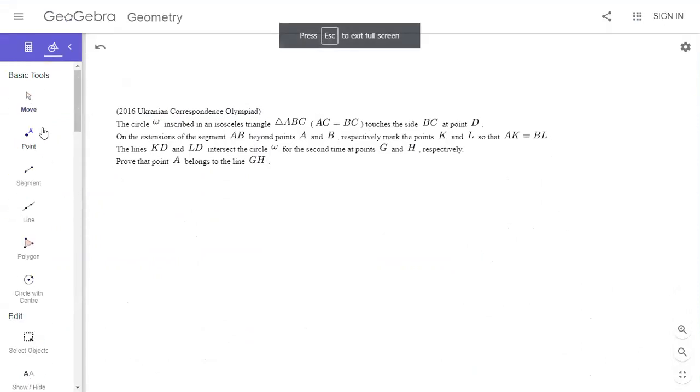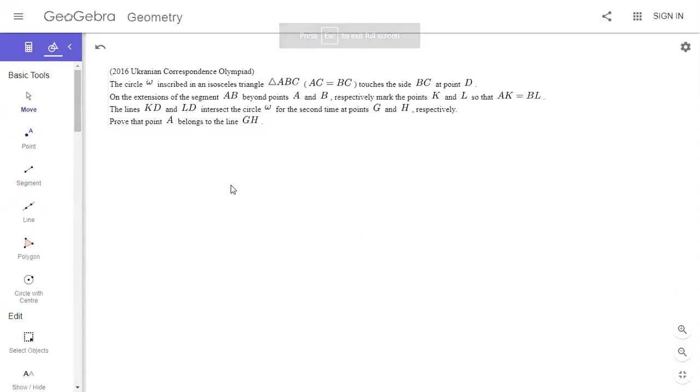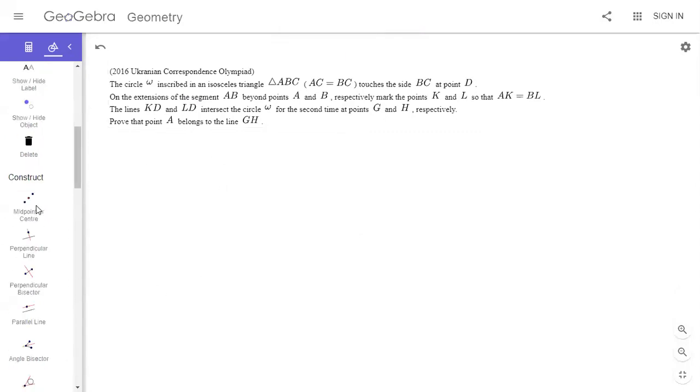Okay, so we have the circle omega inscribed in an isosceles triangle.